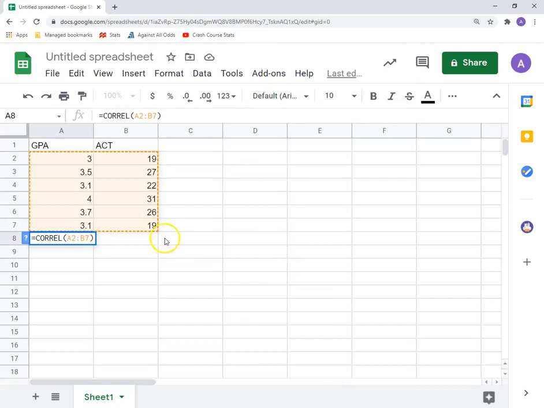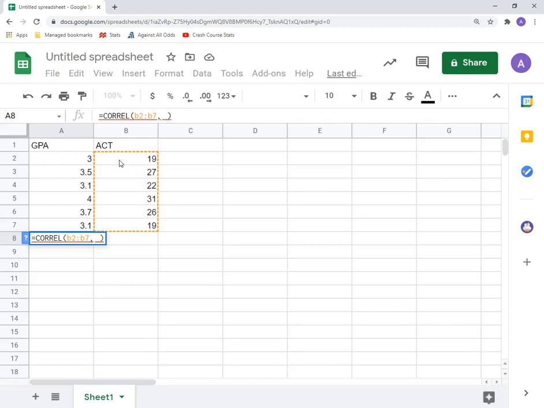Now, if you want, you can click on the question mark and it'll tell you. The weird thing about correlation using Google Sheets is you have to put your Y data first. So our Y values are the ACT scores. So our Y value goes from cell B2. So I put B2, and then I put a colon to B7, and it highlights all my Y data.